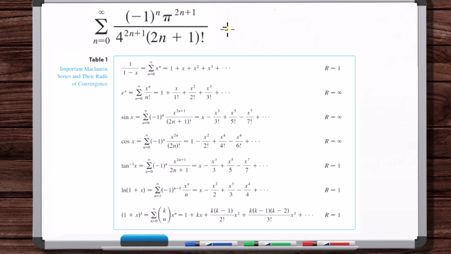Okay, you see we can write this as minus 1 to the n, and then pi over 4 to the 2n plus 1. You see? So this is sine of pi over 4.